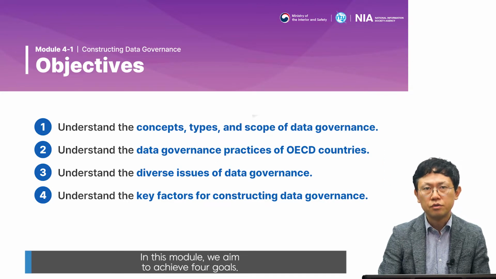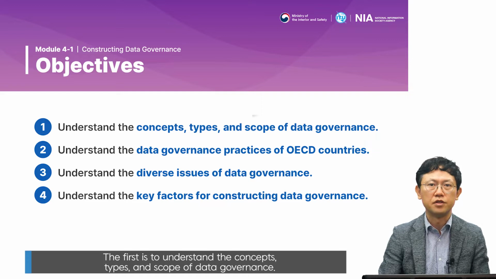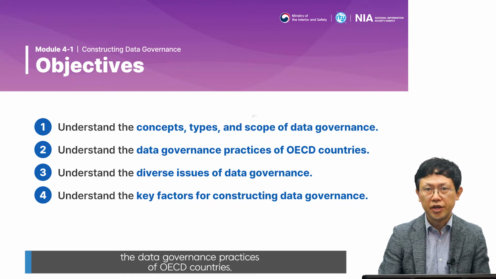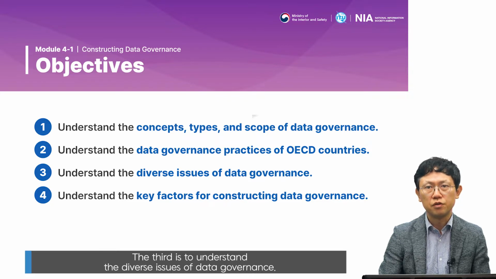In this module, we aim to achieve 4 goals. The first is to understand the concepts, types, and scope of data governance. The second is to understand the data governance practices of OECD countries. The third is to understand the diverse issues of data governance.